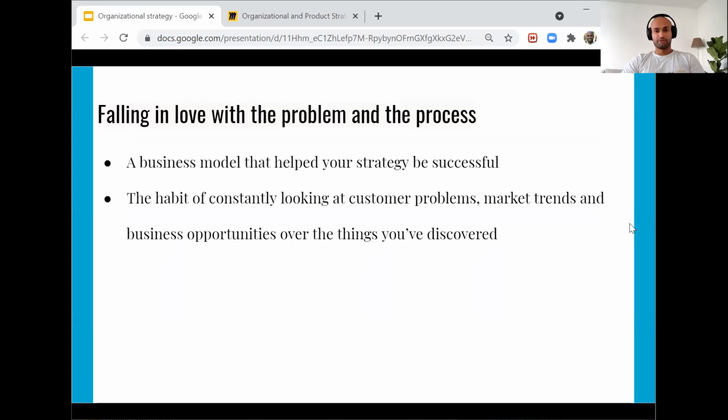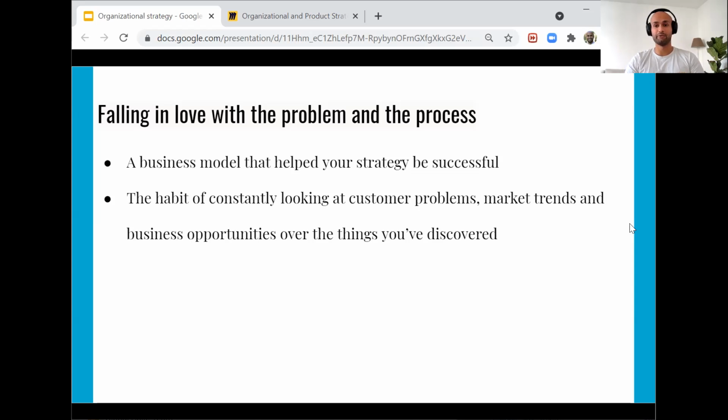So to say a few words, when you think about creating business models and using that to drive your business strategy, don't fall in love with a specific model or a specific way of addressing your strategy. Fall in love with the problem. And so when you stumble across something like a business formula that happens to work, that happens to have a product market fit, and it's making your company a lot of money, you can't stop there.